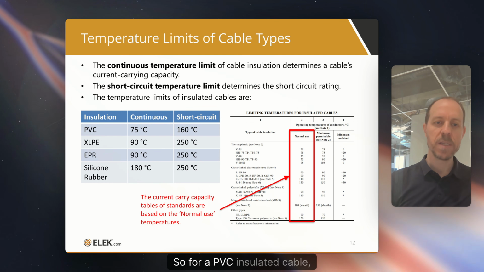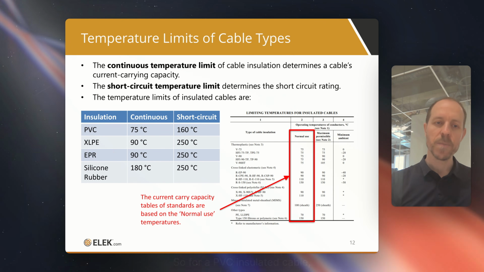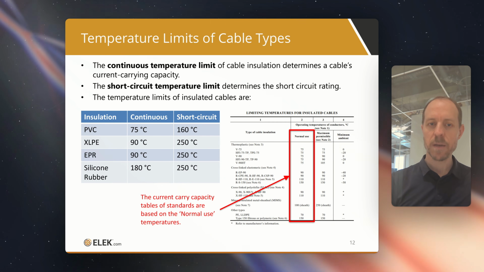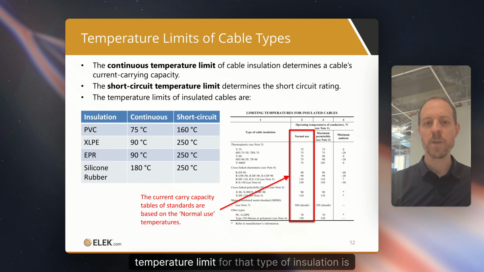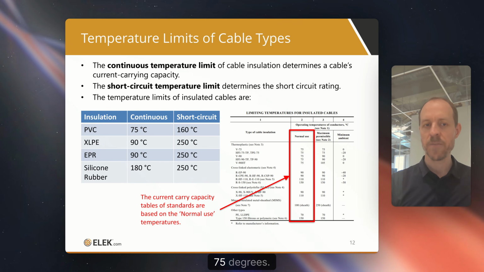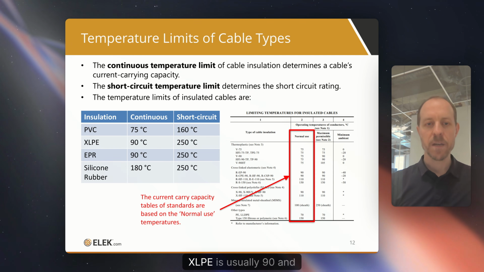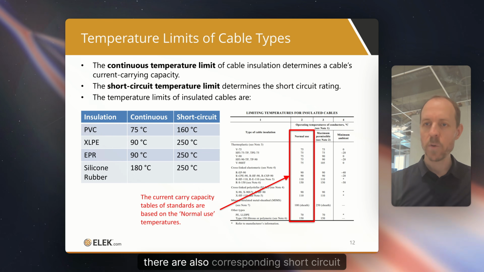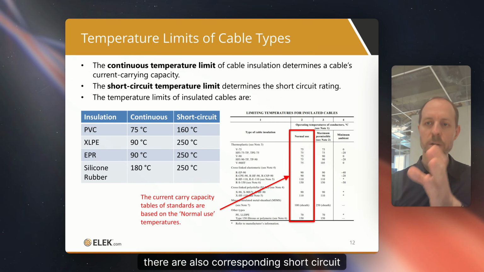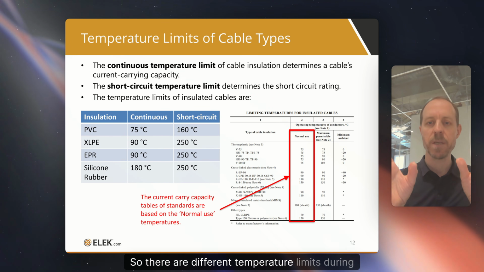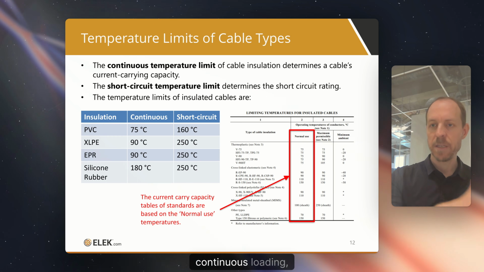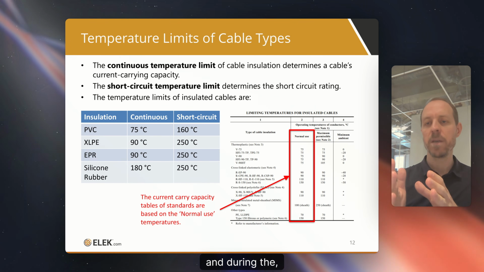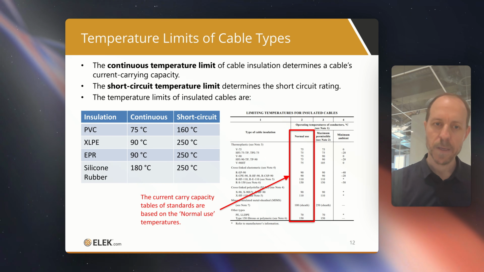For a PVC insulated cable, the usual continuous maximum temperature limit for that type of insulation is 75 degrees. XLPE is usually 90, and there are also corresponding short circuit temperature limits. So there are different temperature limits during continuous operation and during a short circuit.